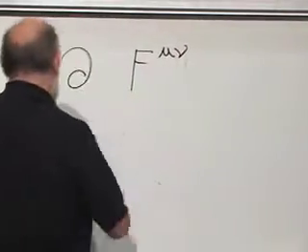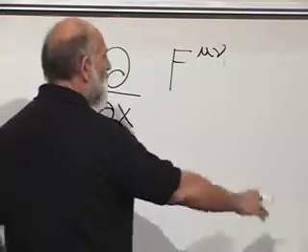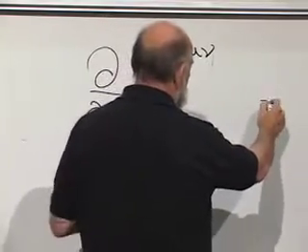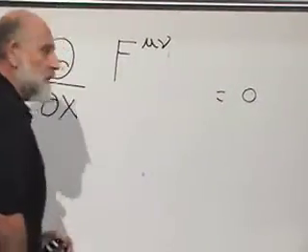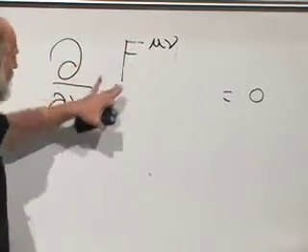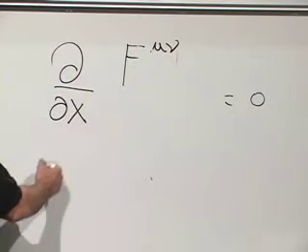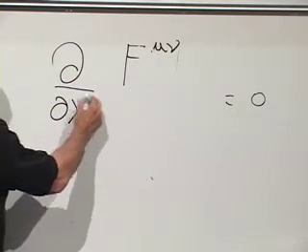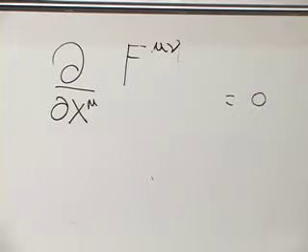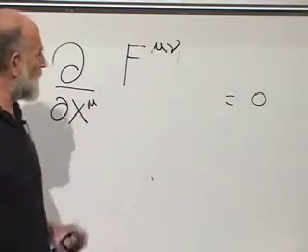We can differentiate it, of course, with respect to some x. But we want to make this equation, whatever it is, the same in every reference frame. And that means we want to match indices, covariant and contravariant indices. About the only thing we can write down is this. Derivative with respect to x mu of F mu nu is equal to 0.